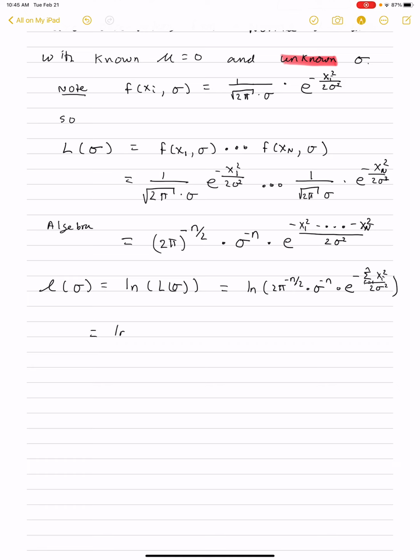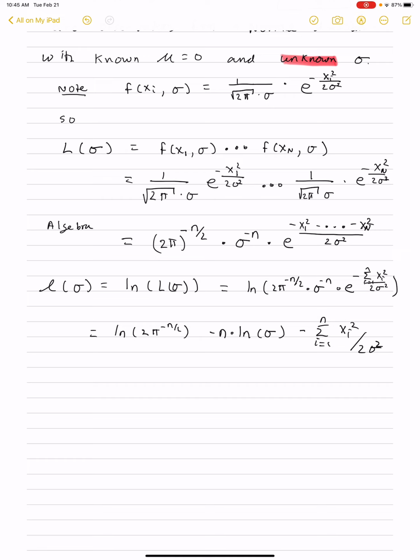So this will be ln of 2 pi to the minus n over 2 plus ln of sigma. Now instead of putting that to the minus n, I'm going to bring that exponent out in front. That's one of the properties. Then I'll have plus the ln of e. But ln and e are inverses, so I'll have minus the summation from i equals 1 to n of xi squared divided by 2 sigma squared.